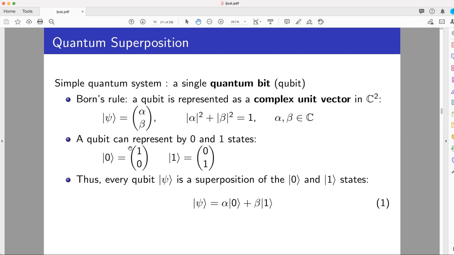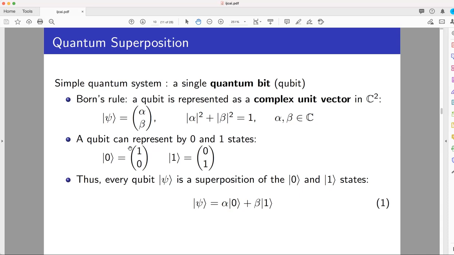Another thing is that a single qubit can be represented by two basis states. The first basis state is |0>, and the second one is |1>. The |0> corresponds to the vector (1,0) in the Hilbert space, and |1> corresponds to (0,1), a two-dimensional vector in the Hilbert space.